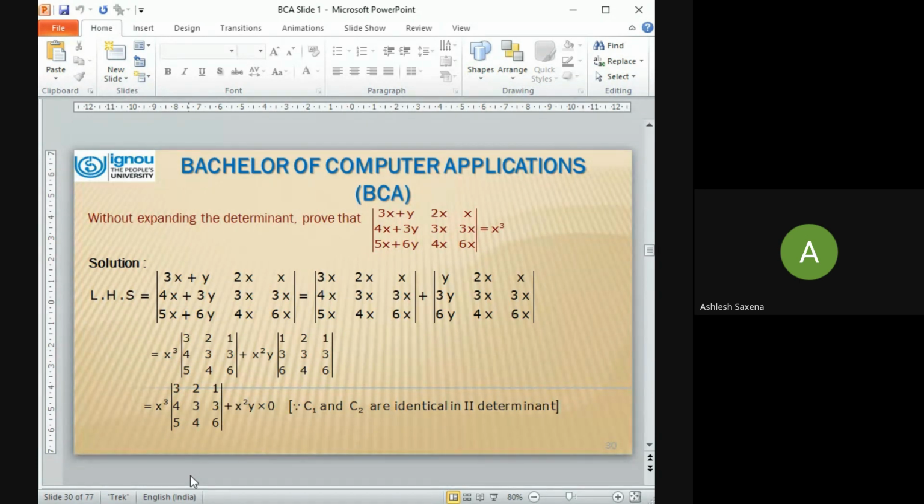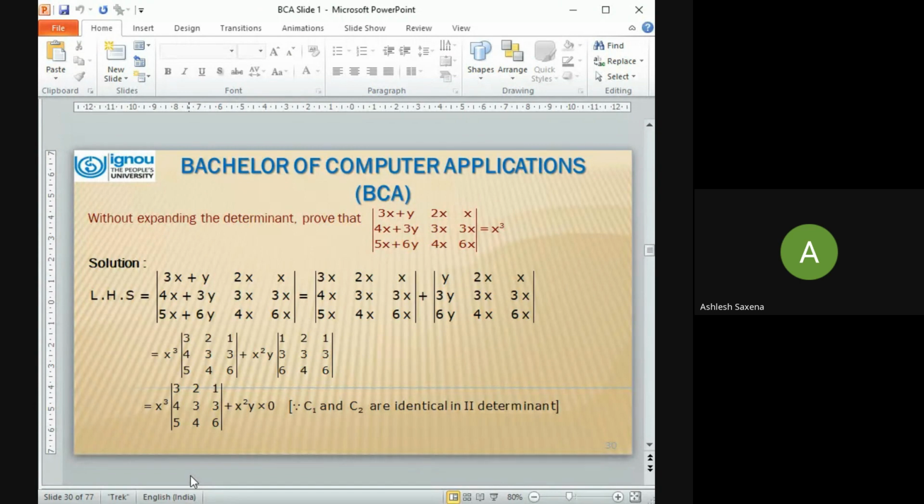Two, three things will come across your mind. Now see here, you have to prove it, and what has to be proved is given to you on the right hand side. That means after solving this big problem, you have to get an answer as x cube. Now, how interesting it is.